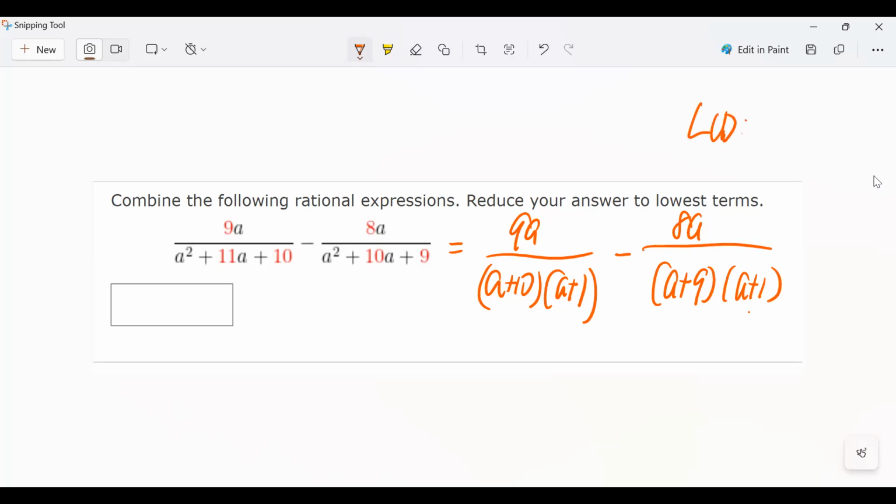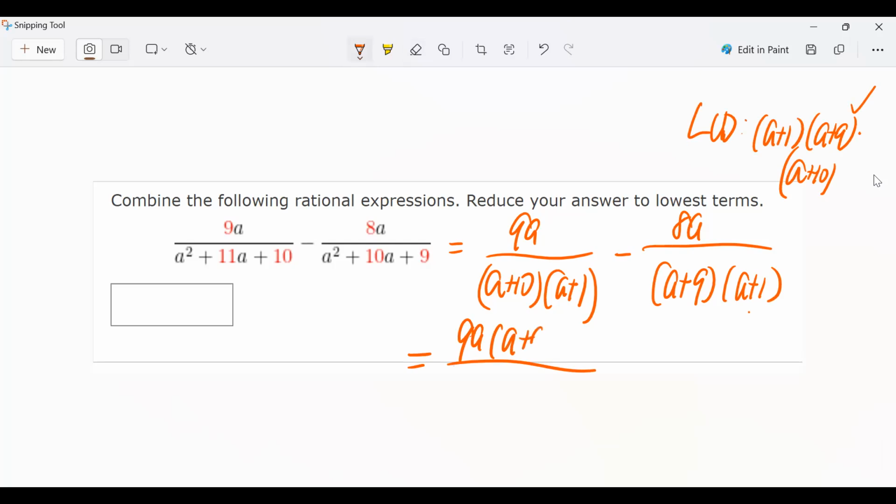Including every single term here, a plus 1 should be there, a plus 9 should be there, and times a plus 1. So you get 3 factors. And for the first one, it's missing this one, so I'm gonna multiply both top and bottom by a plus 9.